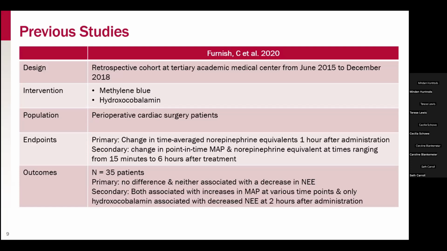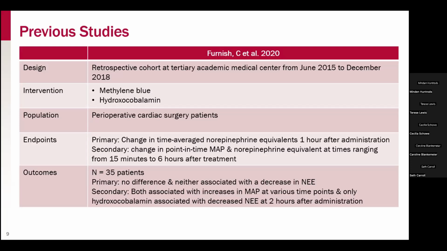Other secondary endpoints were change in time of MAP and norepinephrine equivalents, all ranging from 15 minutes to 6 hours after treatment. There were 35 patients included in this study, but there was actually no difference in either outcome of average norepinephrine equivalents at 1 hour or secondary endpoints.